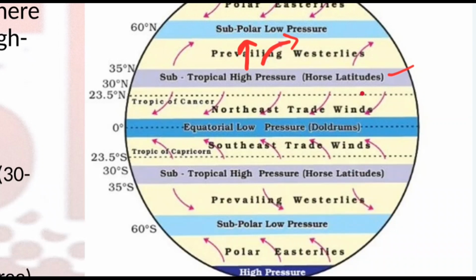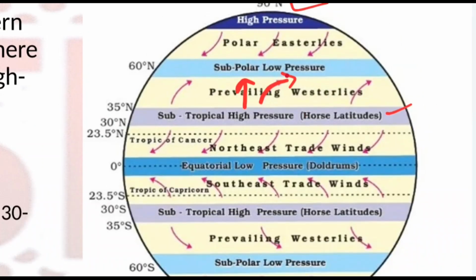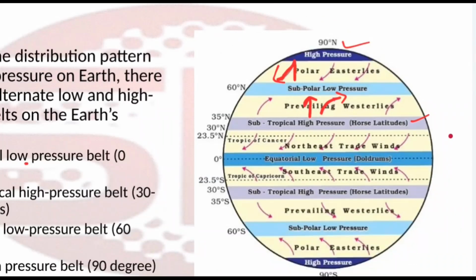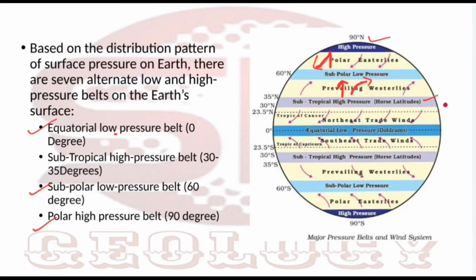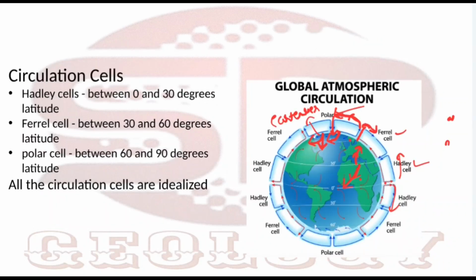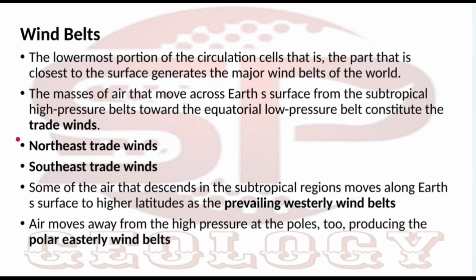And these are the polar easterlies, from 90 degree to 60 degree, also because of the Coriolis effect; they deflect towards the east. So these are the different wind belts and circulation cells.